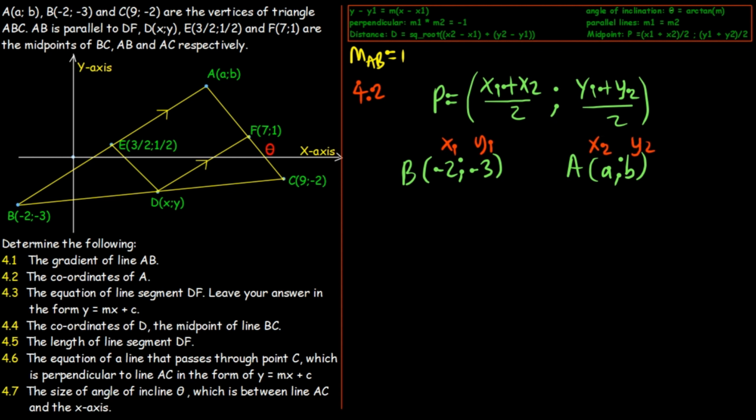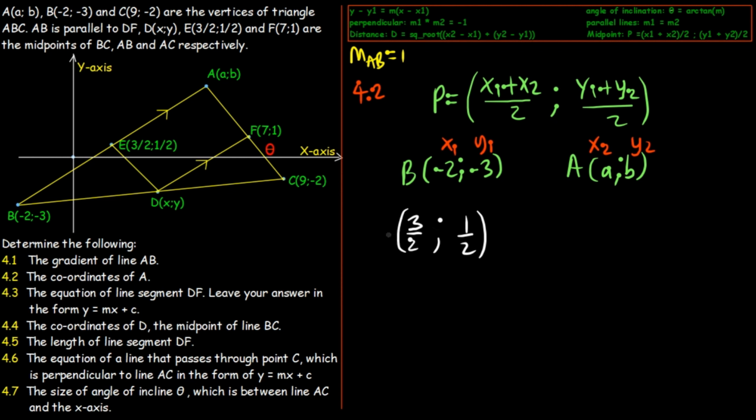Then P will be our midpoint E. Let's write what our midpoint is: 3 over 2, then 1 over 2.